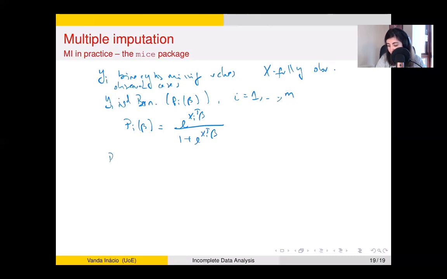And then based on my observed cases, I estimate my regression coefficients, right?